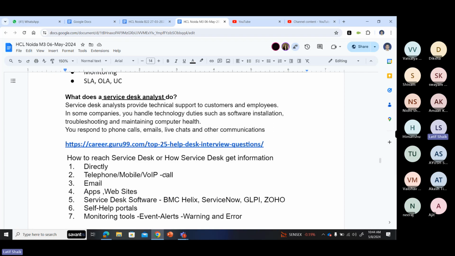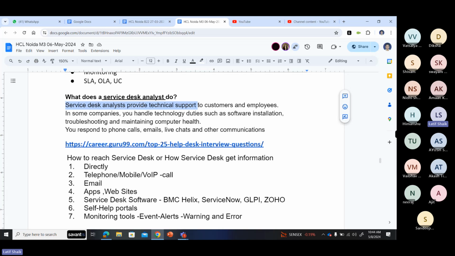And what is the service desk analyst? That is already explained: someone who provides technical support to the customers and employees. Technical support, guys, does not mean only hardware support or network support. It depends upon the role and the domain the service desk people work in, so they will give different types of technical support.